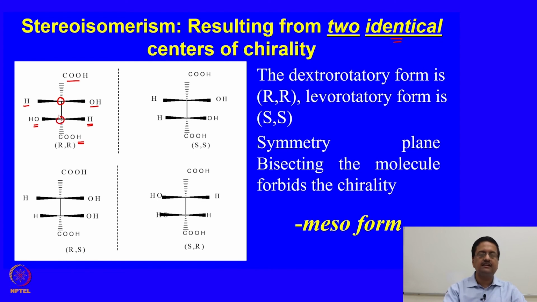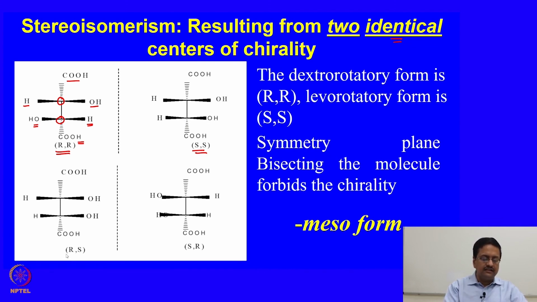So both chiral centers have the same set of groups. So we say two identical centers of chirality, and what we have here is RR and SS, these two centers designated as RR and SS.